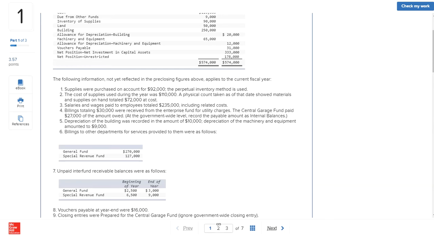Then in number 4, you have billings totaling $30,000, which were received from the enterprise fund for utilities. The central garage fund paid $27,000 of the amount owed. And so in your internal service fund, you have an expense of $30,000, cash going out of $27,000, and then a due to for the other 3. In your governmental activities, you have a very similar entry.